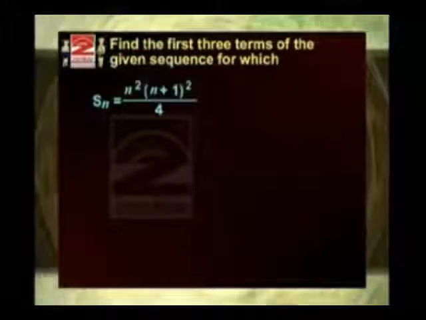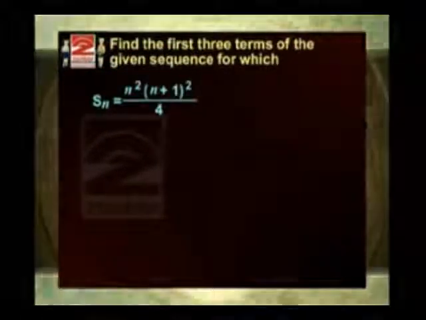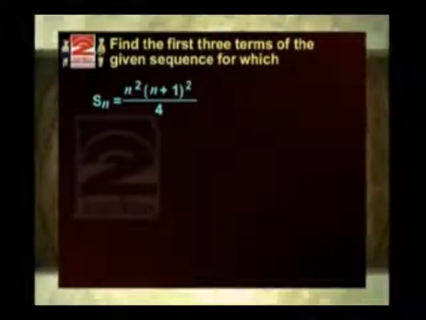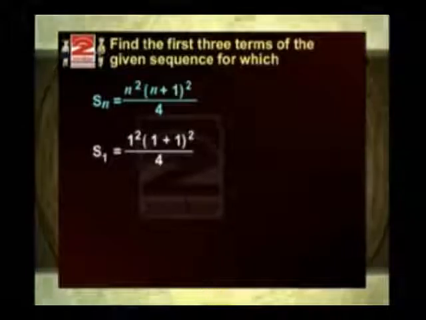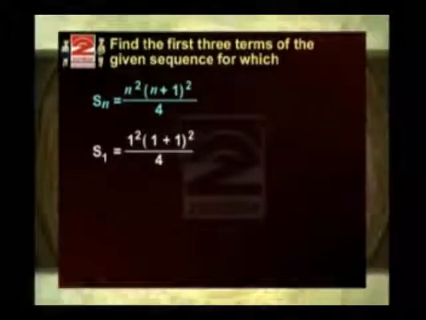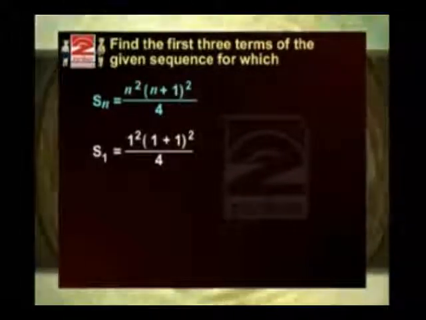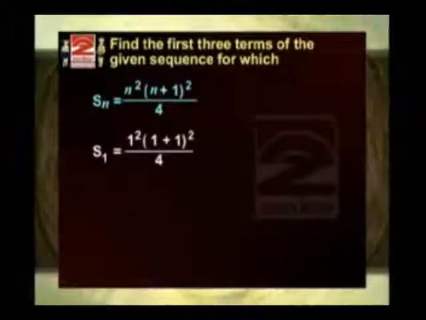Next question. Find the first 3 terms of the given sequence for which Sn is equal to n square into bracket n plus 1 the whole square upon 4. Therefore, S1 is equal to 1 square into bracket 1 plus 1 the whole square upon 4.